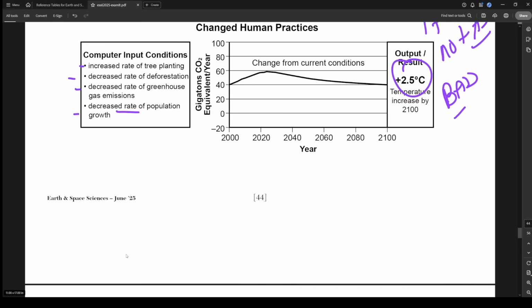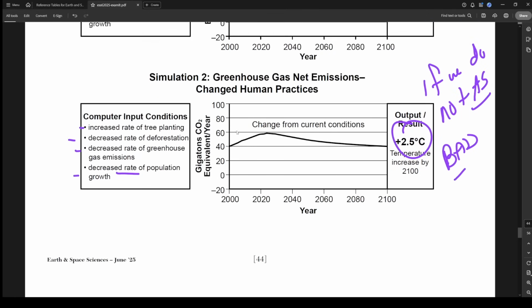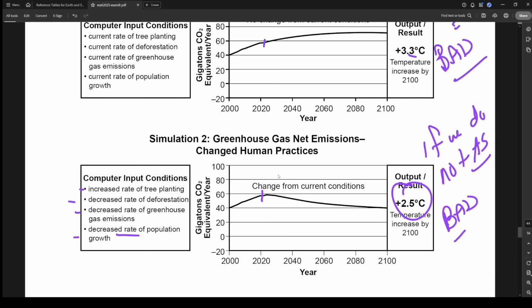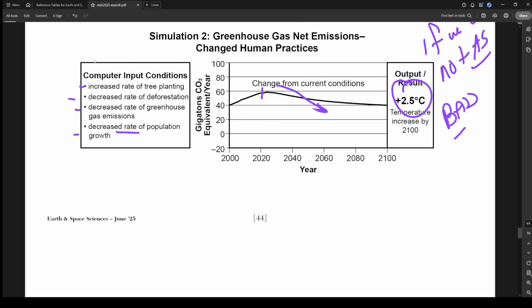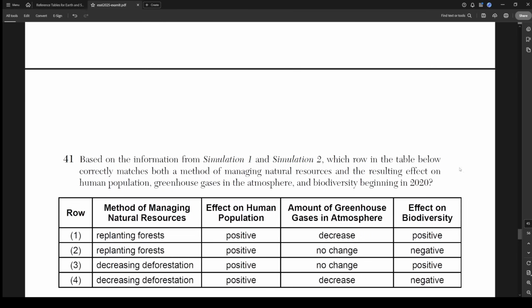Replanting forests? Did it say anything about that? Yeah. So 2020 here, right? 2020 here, up. So at this point, we're going to start dropping. So we need to do these things. Method of managing natural resources: replanting forests. The effect on human population would be positive. The amount of greenhouse gases would decrease. The effect on biodiversity would be good. So that seems like it would work.